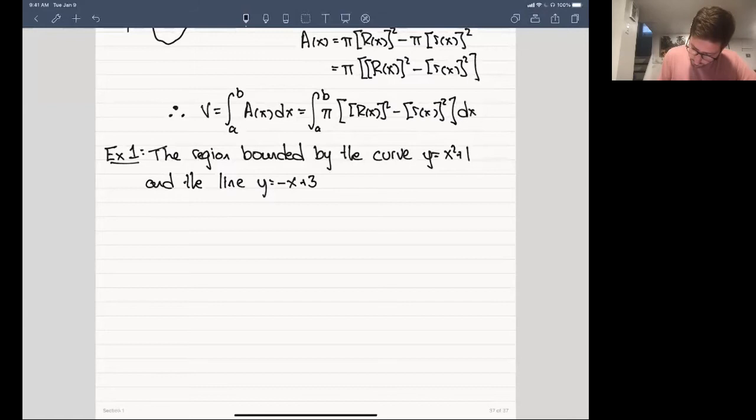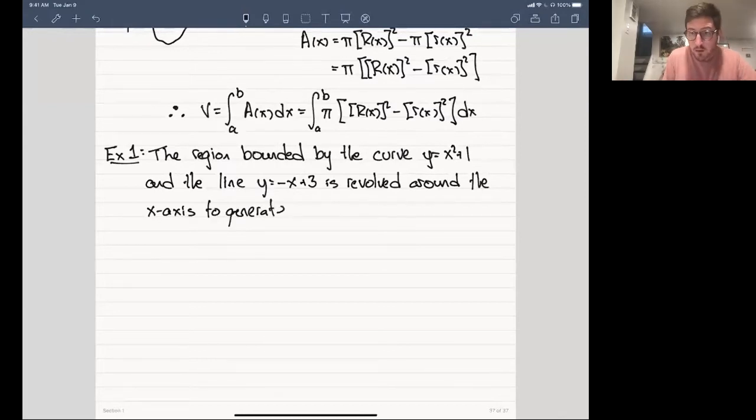And this thing is revolved around the x-axis to generate a solid. And so the question is to find its volume.